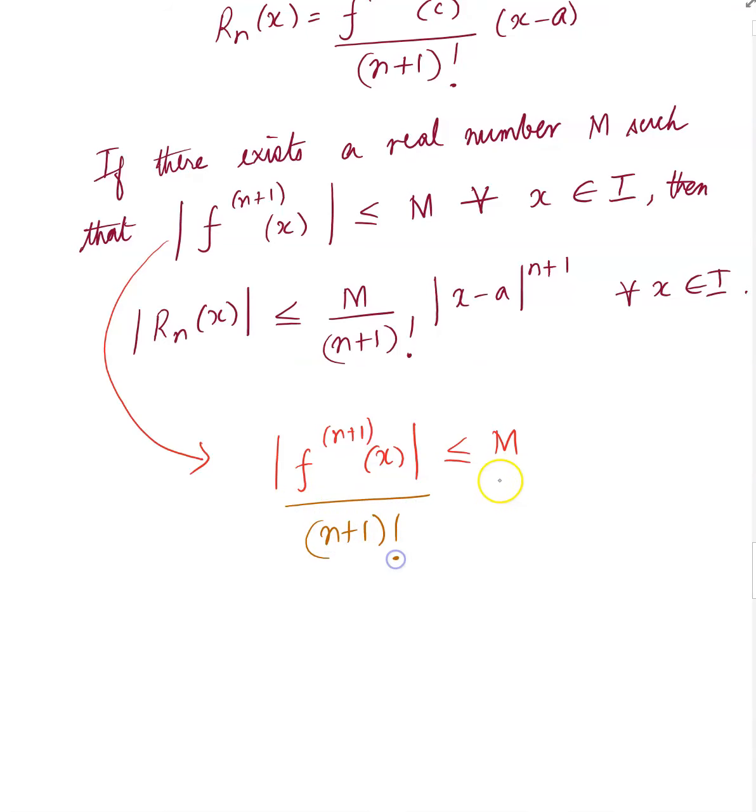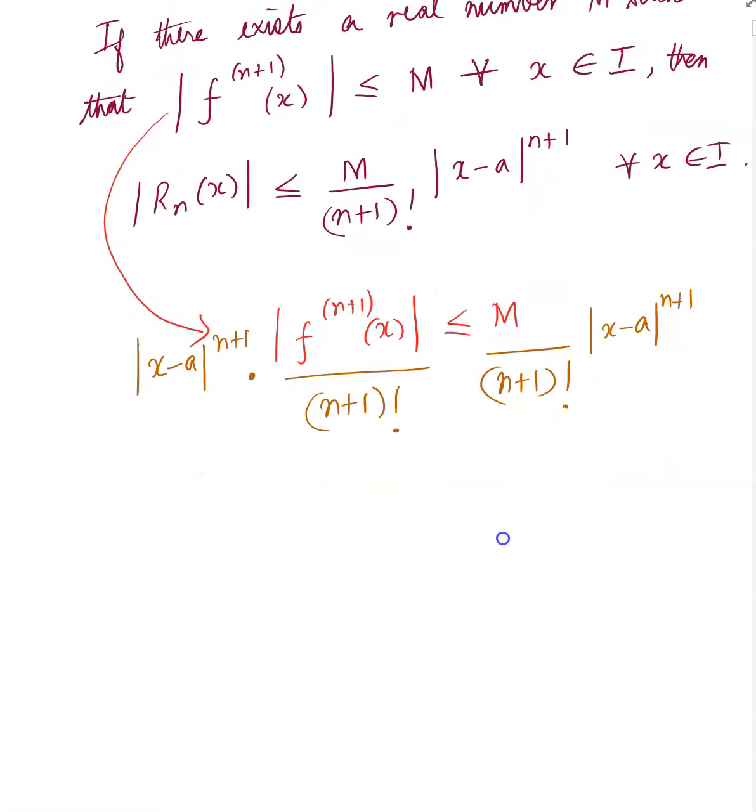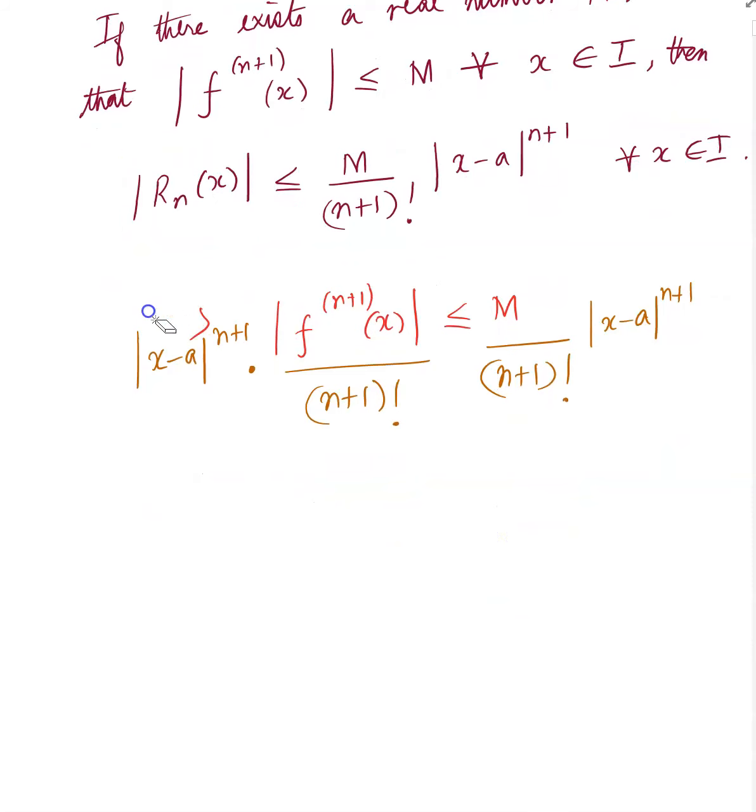If I multiply both sides by n plus 1 factorial and by the absolute value of x minus a to the power n plus 1, what we're saying is this whole thing, let me clear this.